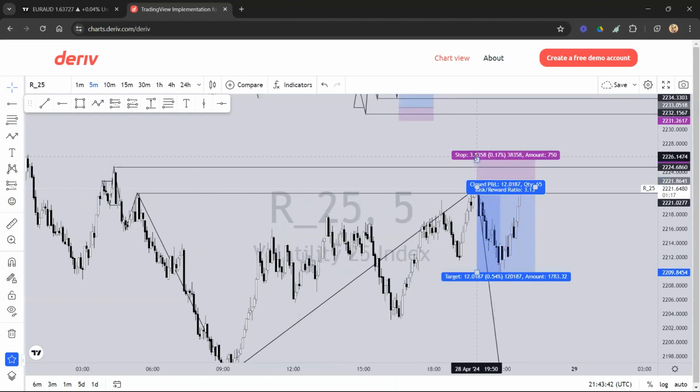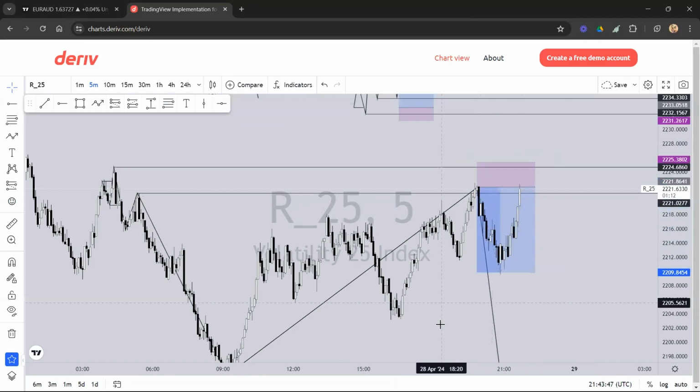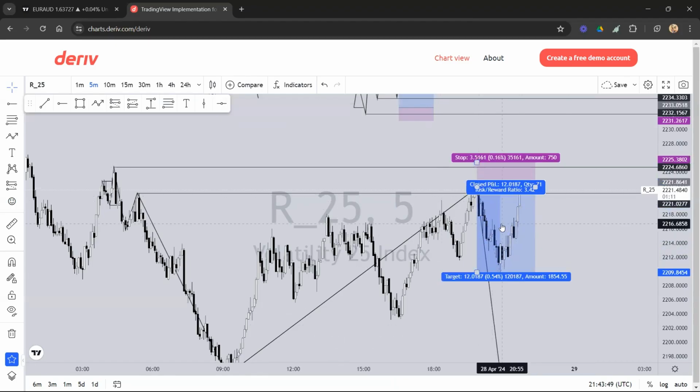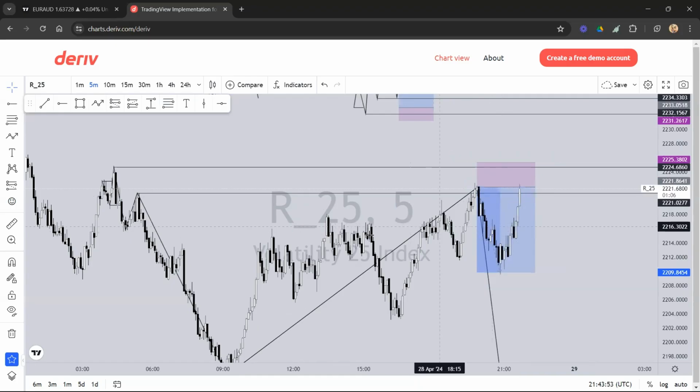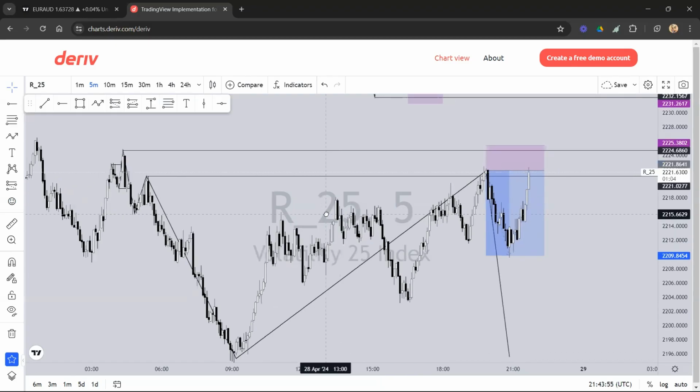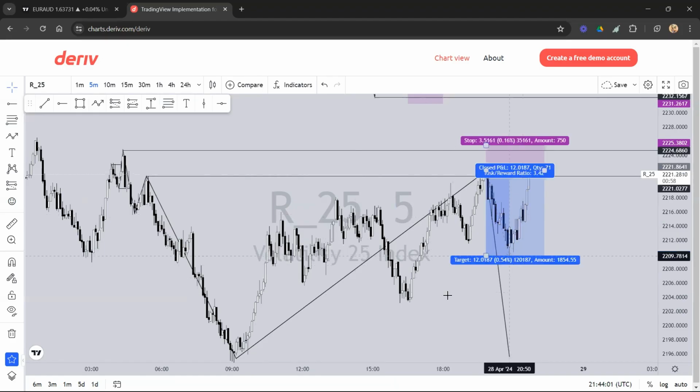I think this stop loss was around $2, or let's say $3 or so. So you've risked like $2 in three positions, that's $6, and you've made $15 at the end of this move.